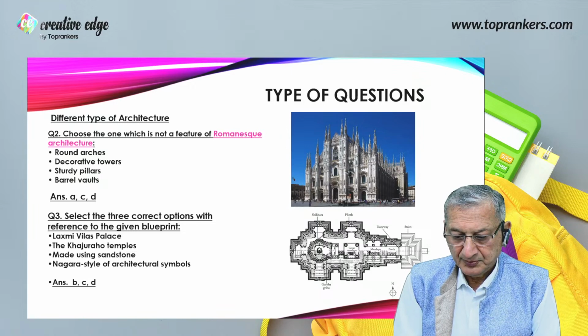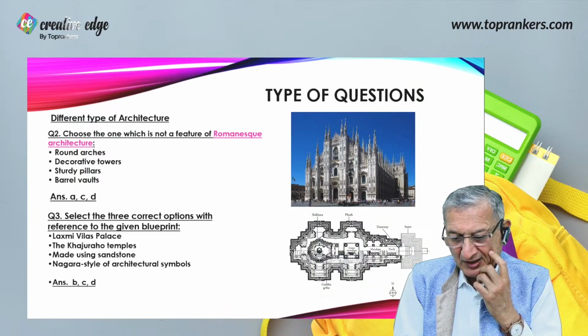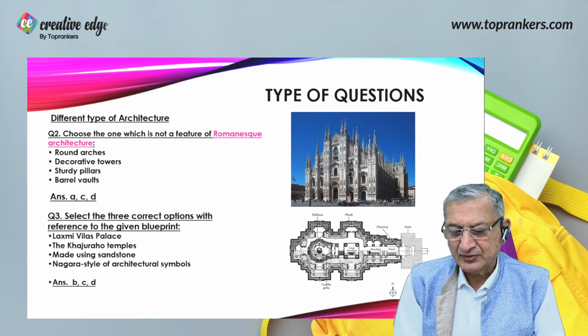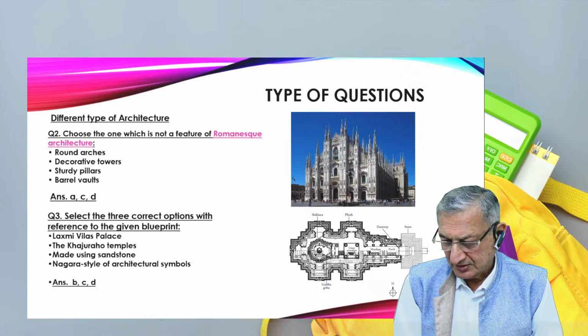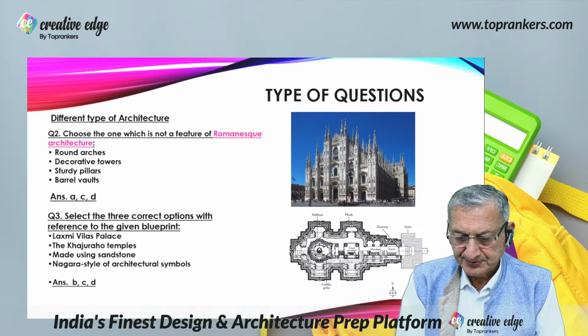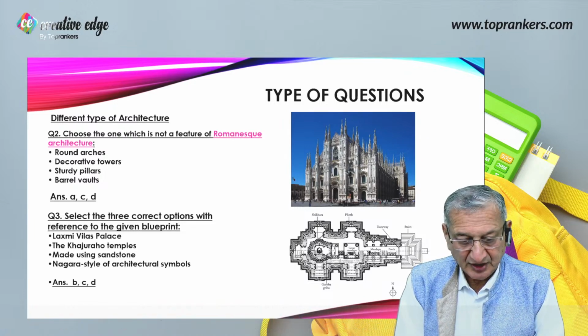So B, the Khajuraho temple, C, made using sandstone, and D, Nagara style of architecture symbols. These 3 are the answer, and in the sequence written here only.